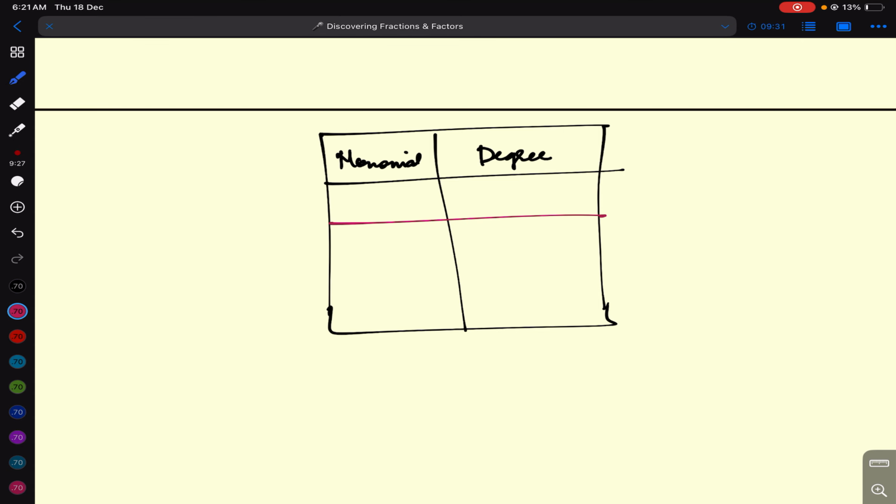The first example is 42, which is a constant, so the degree will always be 0, because we know that constants have the monomial degree of 0. We just studied that above, right? The next is 5x. Here x has a degree of 1 and 5 is a constant which is assumed to have a degree of 0, because it's a 0 degree monomial. So that's why it's 0 plus 1, and that is equal to 1.